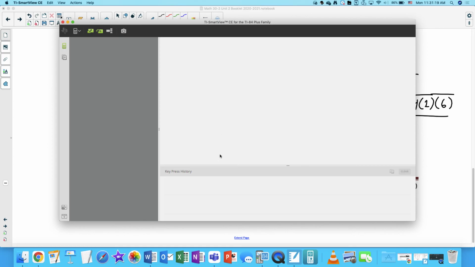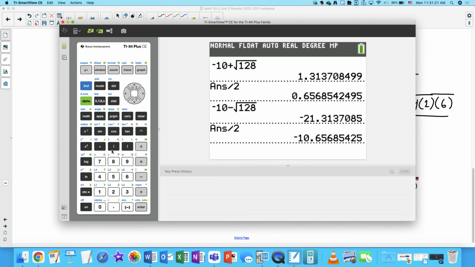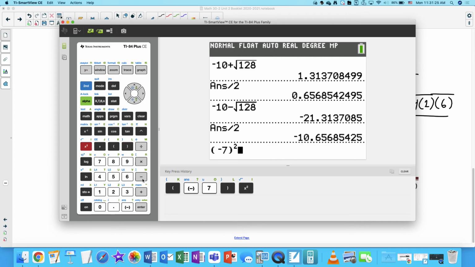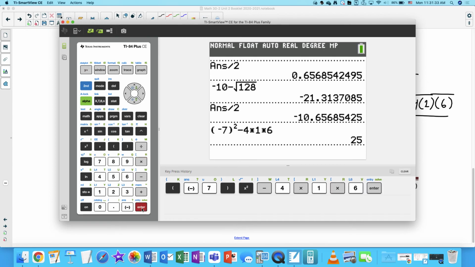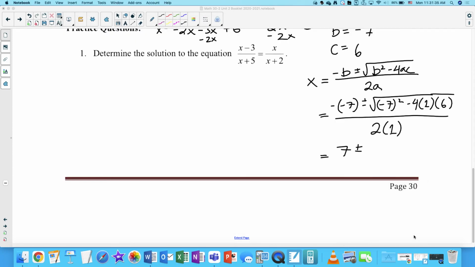Minus 4 times 1 times 6. 25. Okay? So 7 plus or minus the square root of 25 over 2. What is the square root of 25? 5. Yeah, so this becomes 7 plus 5 over 2, or 7 minus 5 over 2.